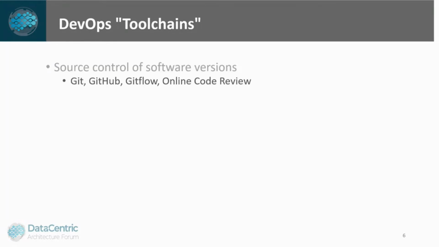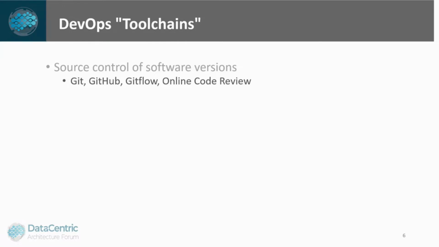So going back, for the source control of software versions, the tool chains include things like Git and GitHub. Some of you may have heard of those things, places where you can check in new versions of software, create new branches of software, and merge them back into the main line once they've been reviewed.